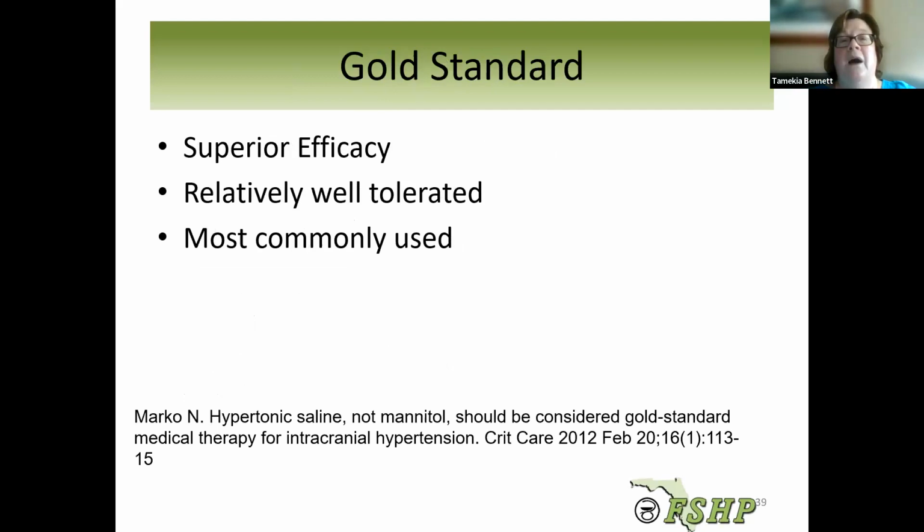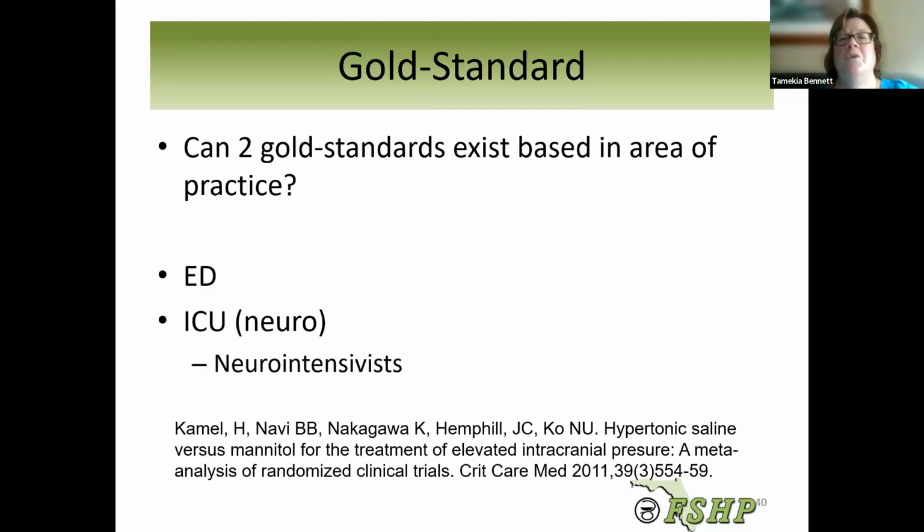I'm going to remind everyone, we all know this, gold standard is superior efficacy, relatively well tolerated, most commonly used, and safe. It must be safe. So my question to you is, can two gold standards exist in this area of practice? My neuro ICU and the ED and the rest of the hospital.